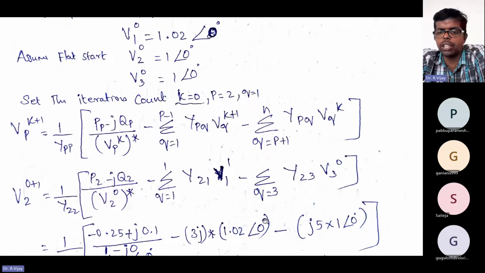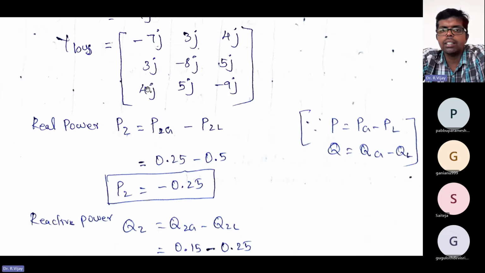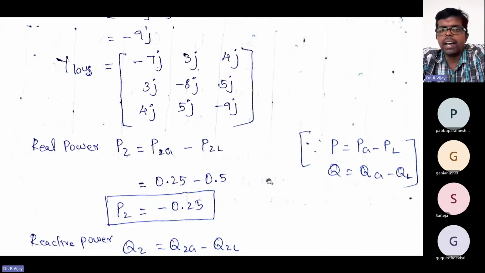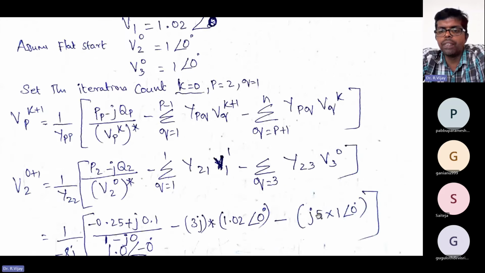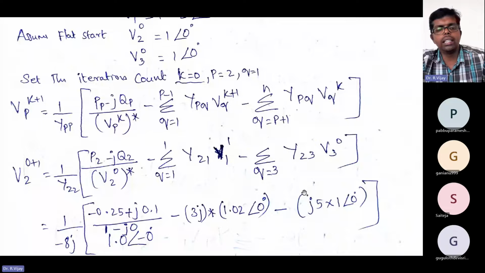Minus y23. What is y23? Here it is 5j, so you need to substitute 5j into V3 naught. V3 naught is nothing but 1 at the angle of 0 degree. That's all. Take your scientific calculator and calculate it easily in one single step. You will get the answer.